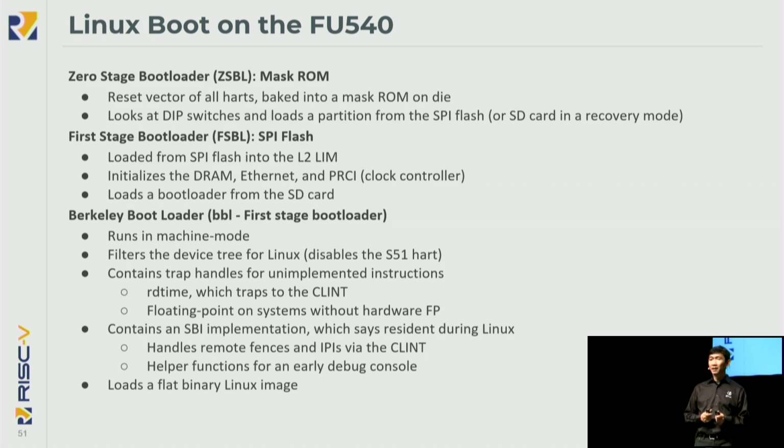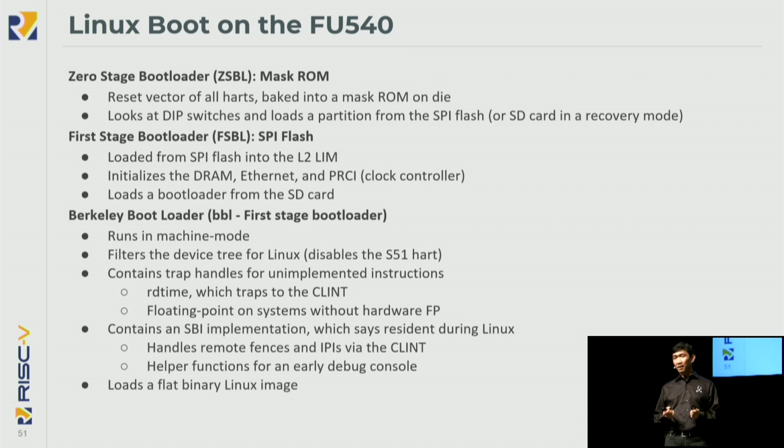So in the SPI flash, what it does is simply load the images from flash onto an L2 LIM, which is a local, loosely integrated memory. There, it initializes the DRAM, the Ethernet, and the clock controller, and then loads a bootloader from an SD card, because it's a SPI flash.